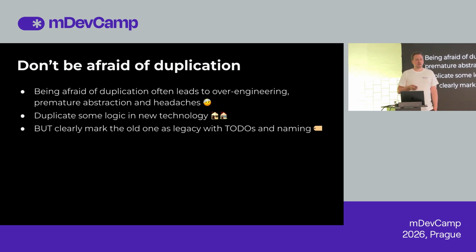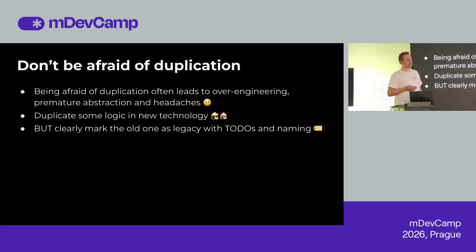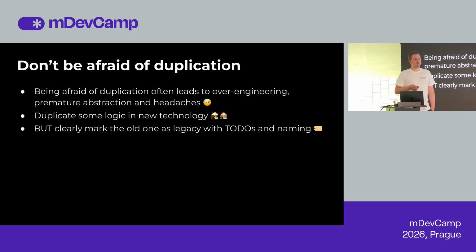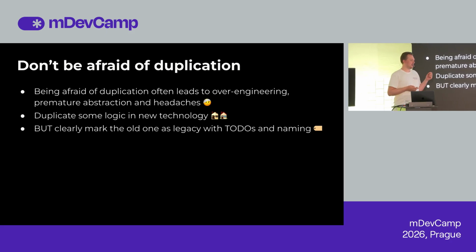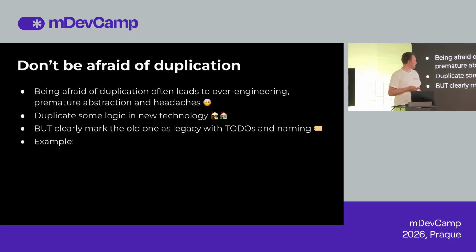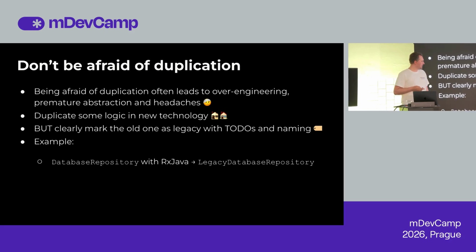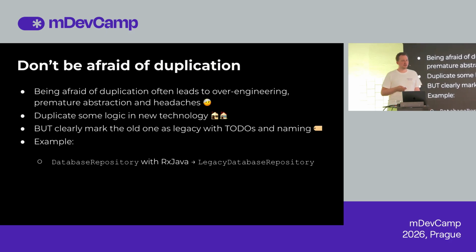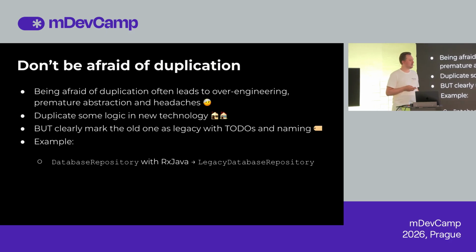What I saw is really good is naming. Naming is really important in coding. And what I do as a first thing in refactoring, I rename the old thing as legacy something, and the new thing is without the legacy word. So as an example, you have some database repository with Java, which is now obsolete.